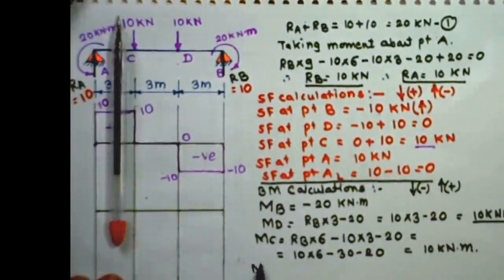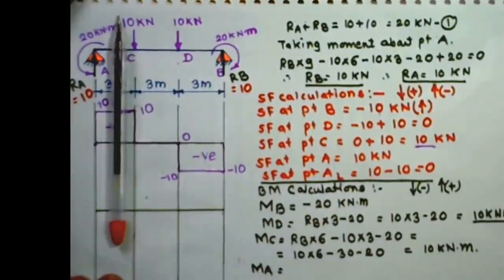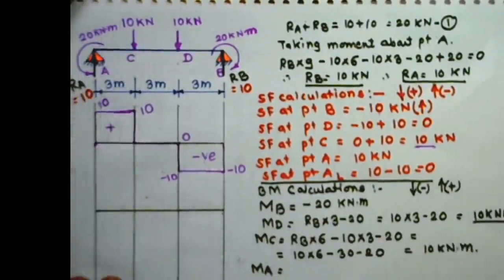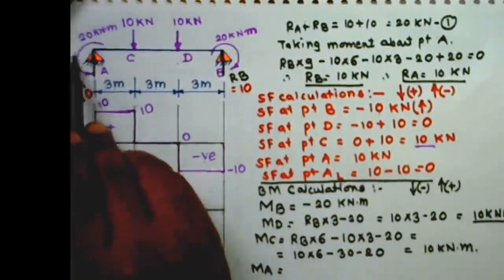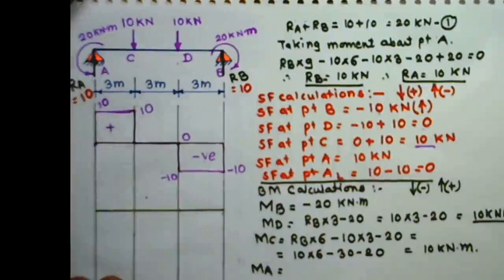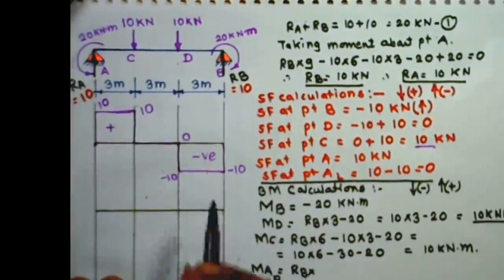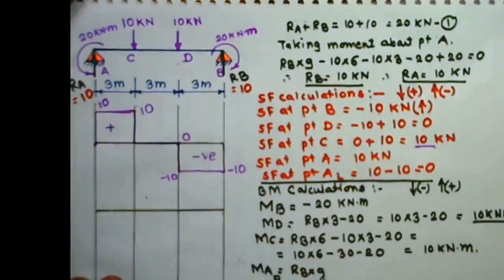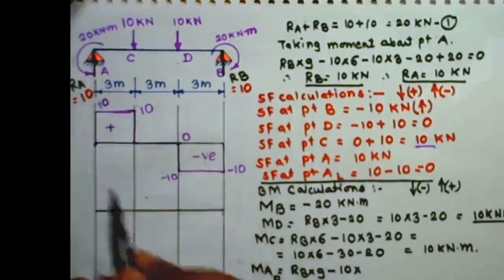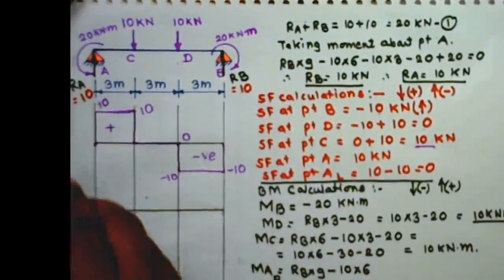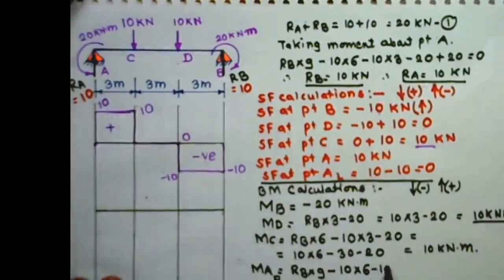Now come to the bending moment at point A. At point A, again the 20 kilonewton meter moment is acting. First we consider the moment on the right hand side, that is RB into its distance up to point A, which is 9 meter. Another point load, 10 into its distance up to point A, 6. Another point load, 10 into its distance up to point A, that is 3 meter.